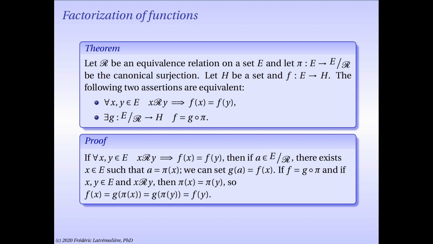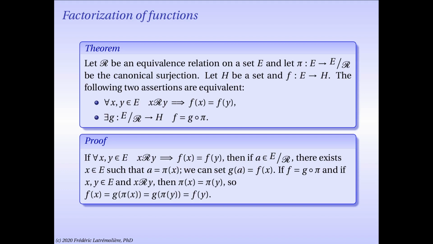A couple of comments. First of all, we can actually use the theorem to fabricate bijections out of regular functions. If you have a function from E to H, as written in the theorem, with two sets E and H, what you could do is define the equivalence relation that we saw at the very beginning of this lecture, where two points in E are equivalent if and only if f of x equals f of y.